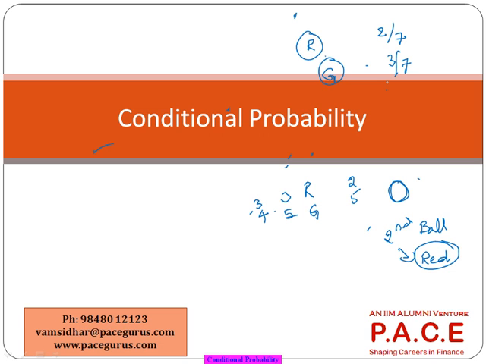Whereas on the other side, let's say the question is, if a coin is tossed, what is the probability that the second toss is a head? It is always 1/2. It is nowhere dependent on the first toss, right?